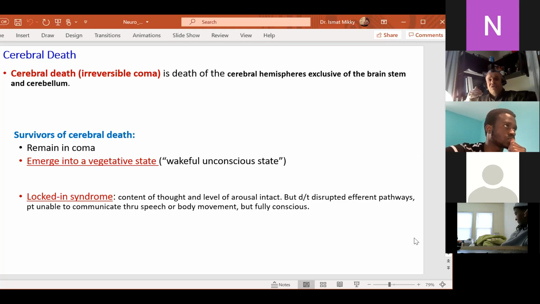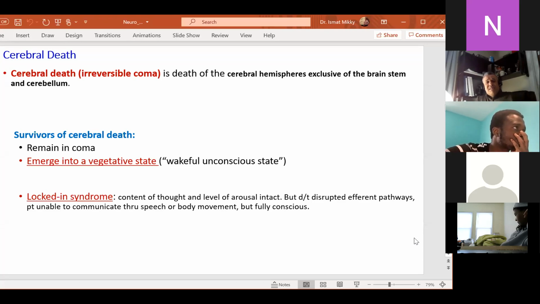Now, the survivors of cerebral death will remain in a permanent coma. They may emerge into what is called the vegetative state, a wakeful unconscious state, or they may progress to what is called locked-in syndrome. In the wakeful unconscious state, the wake-sleep cycle is present, with periods of wakefulness and then periods of sleep.